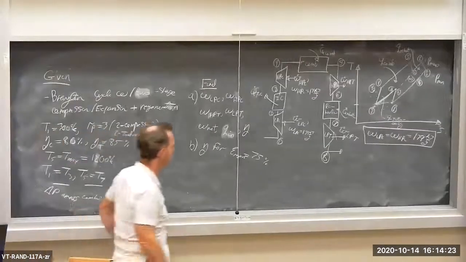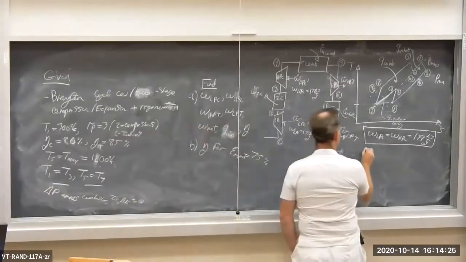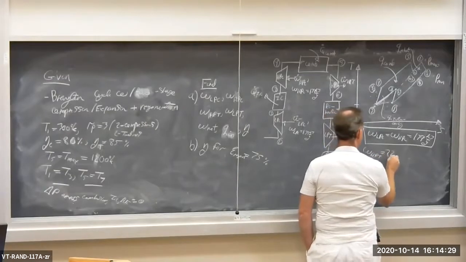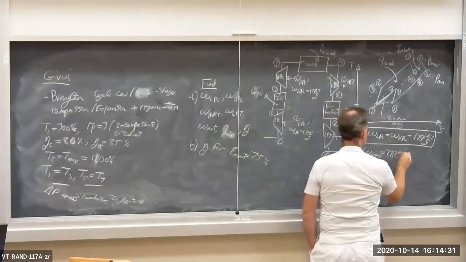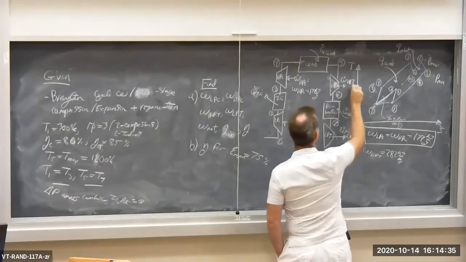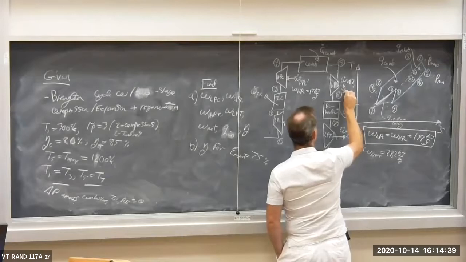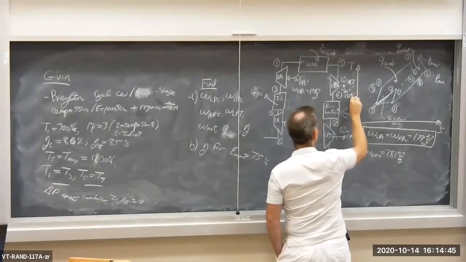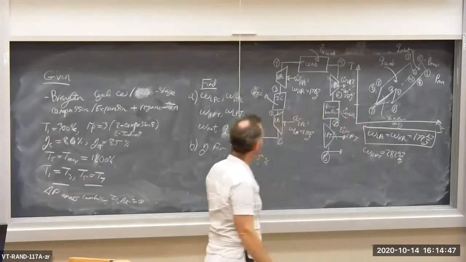W HPT is 282 kilojoules per kilogram. Okay?